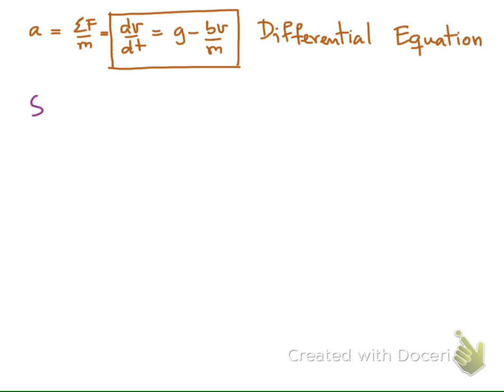The solution of this equation is that v as a function of t is equal to mg over b of 1 minus e to the power of minus bt over m.